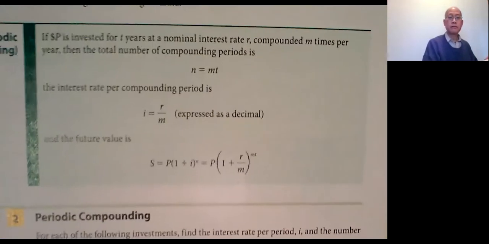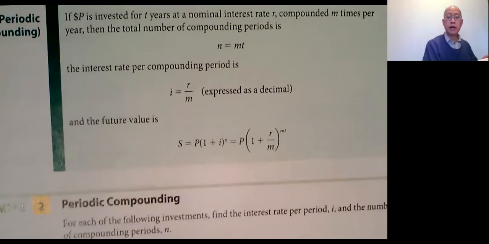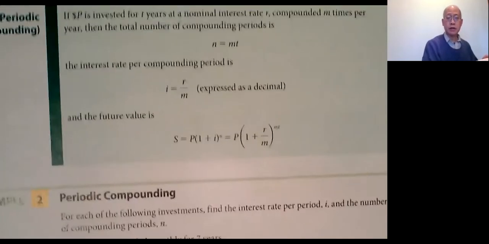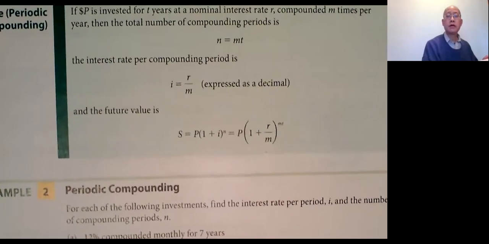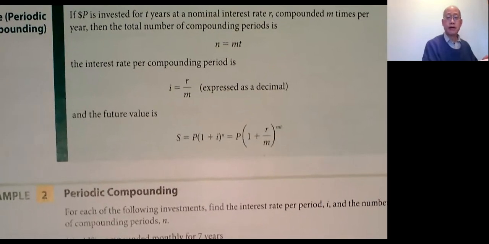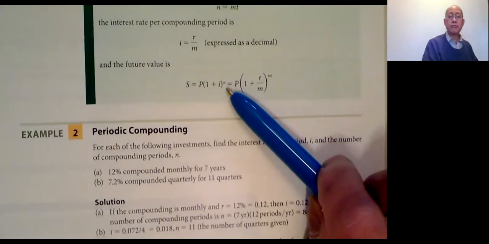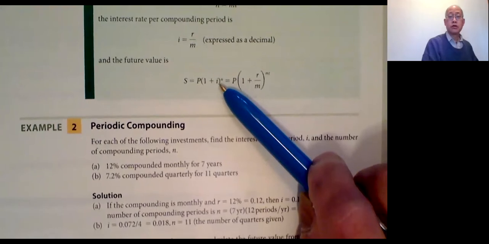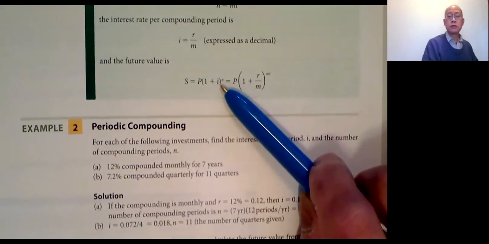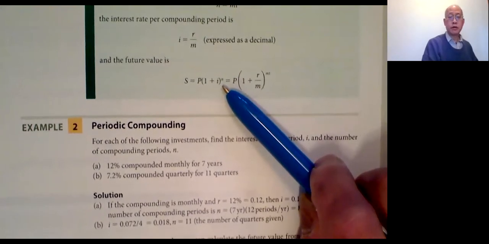P is principal. I is the rate per compounding period. So you have to divide it by something, depending on if it says semi-annual, quarterly, monthly, stuff like that, right? And the N is the total number of compounding periods. So you multiply the number of years by the number of periods per year.